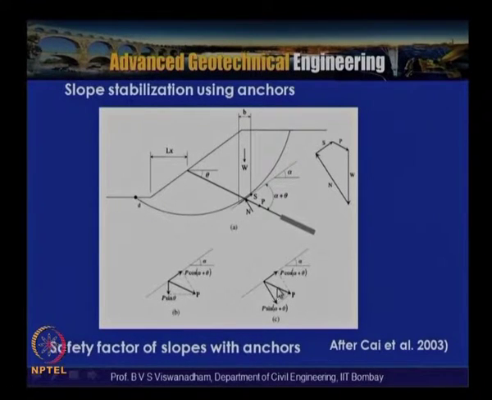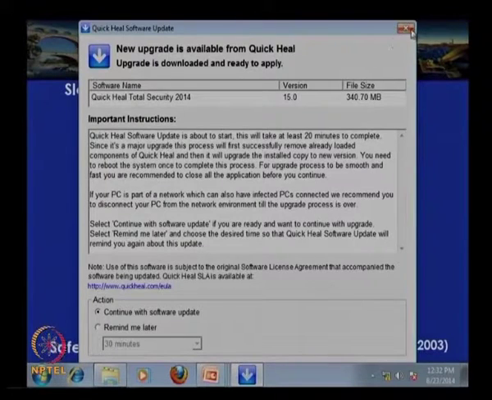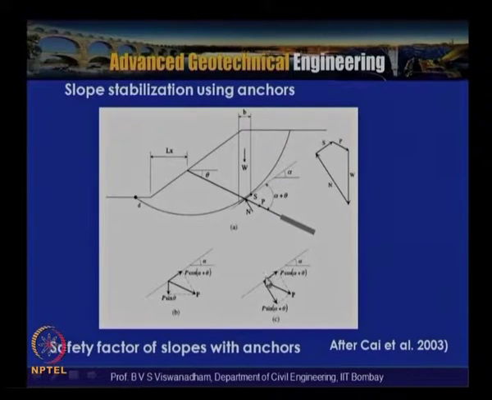There is also another school of thought, where instead of resolving like this, we resolve along the horizontal surface, that is P cos alpha plus theta, and P sin alpha plus theta, which is normal to the failure surface. So it is P sin alpha plus theta minus N, that is the net force acting at the base of the slice. So this we will try to see. One is the conventional vertical effect approach, the other one is the normal approach.